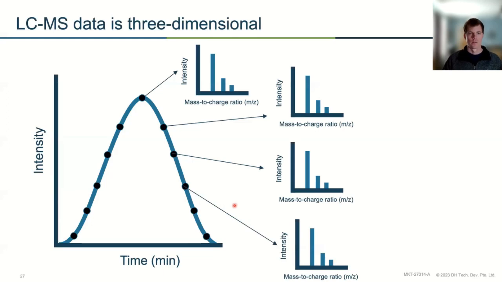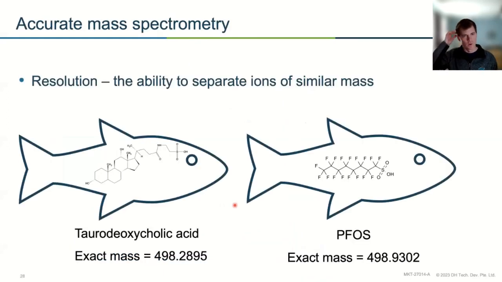Okay, so to resolution. This is where our accurate mass really starts to shine. Resolution is the ability to separate ions of similar mass. In this example, I have taurodeoxycholic acid, the bile acid I was talking about, and then PFAS. These are 2 compounds that cause really big problems when you use a triple quad because they're at a similar mass.